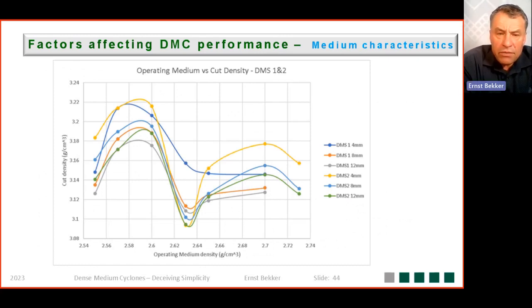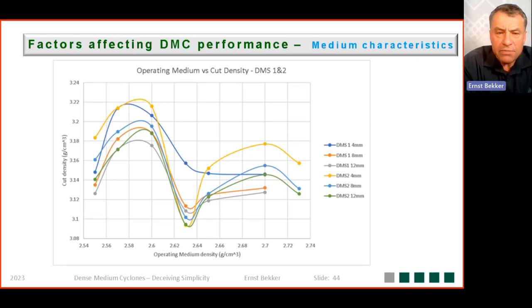In dense medium cyclones, when you want to reduce the cut density, you reduce the operating density. So the operating density on this graph is on the x-axis, and you get to a point where, if you reduce the operating medium density even more, the cut density starts to increase again.